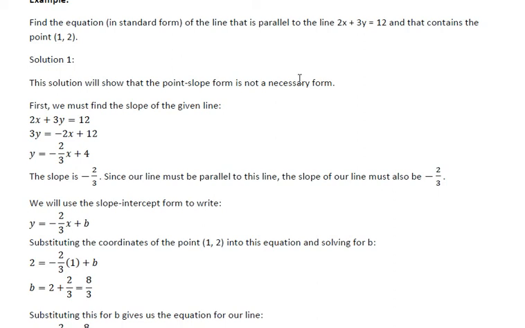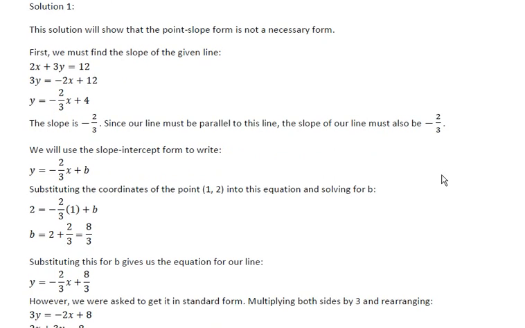We rearrange that equation, subtract 2x from both sides, divide everything by 3 to get slope-intercept form, and now we know the slope is negative 2/3. Since our line has to be parallel, our slope needs to be negative 2/3 as well.